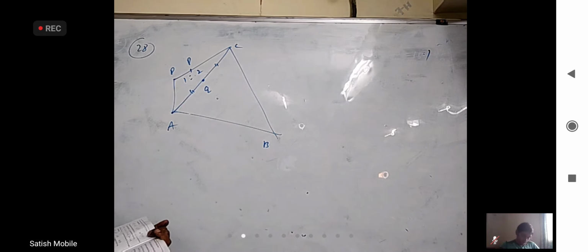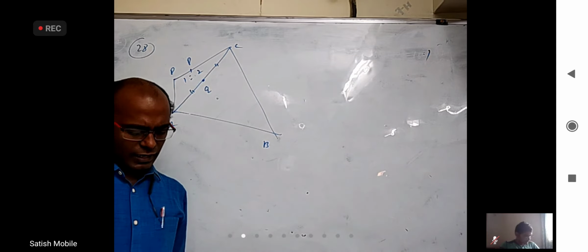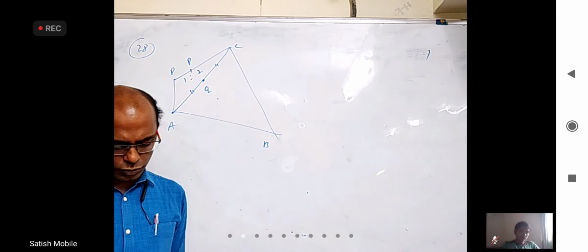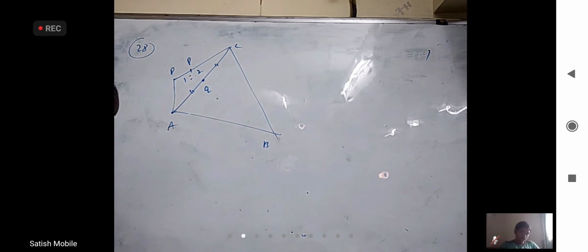Now they want us to express AB plus 2AD plus BC minus 2DC as some multiple of PQ. What I prefer is expand LHS fully, expand RHS fully, and just try to compare. Even though I can do in some other way, I'll explain that also.